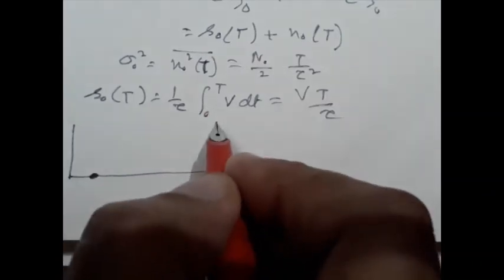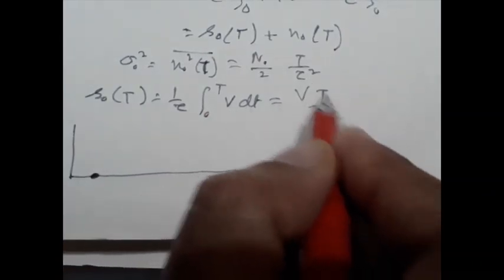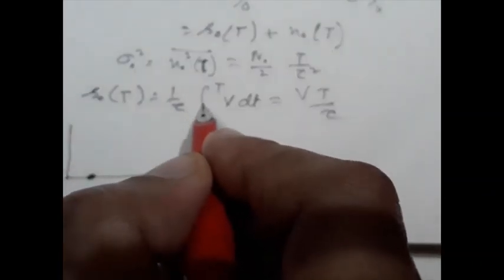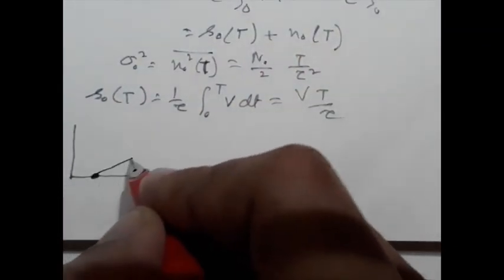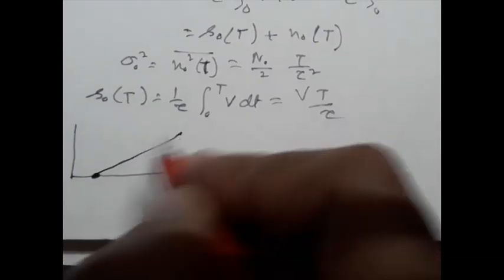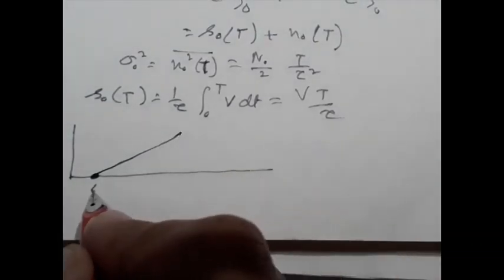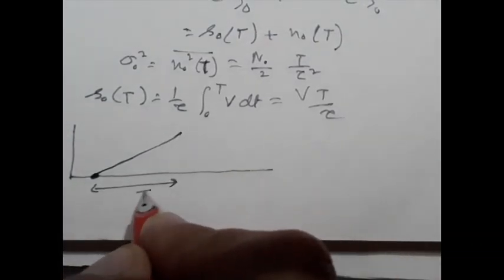It is proportional to time. This is the maximum value at time capital T, but actually it is varying as if in a ramp fashion. So it will increase in this way up to time capital T.